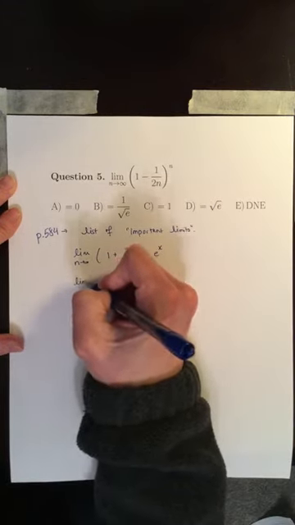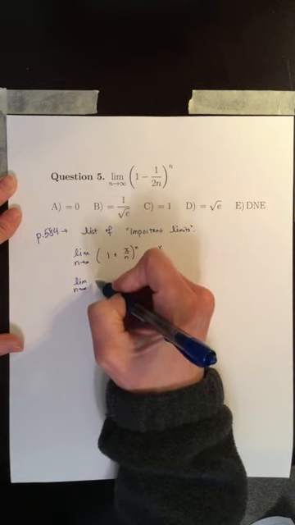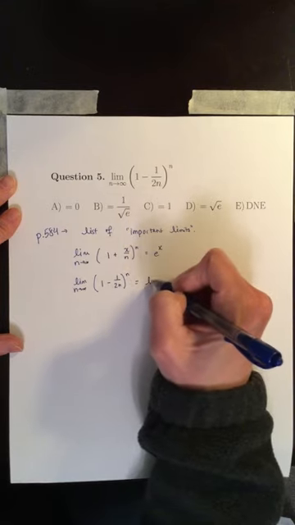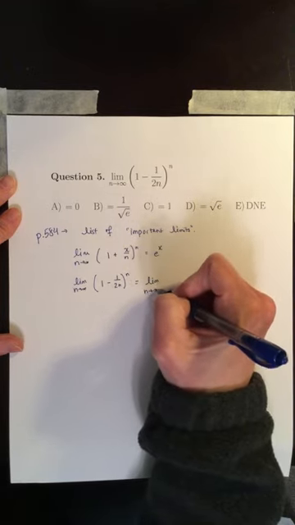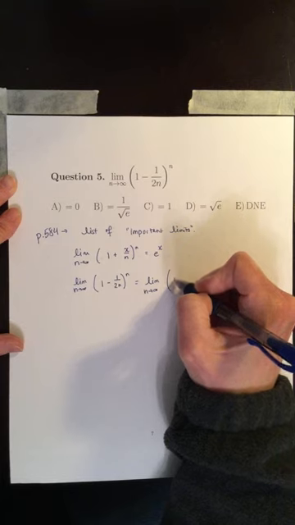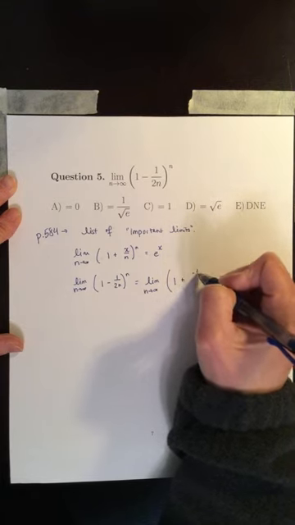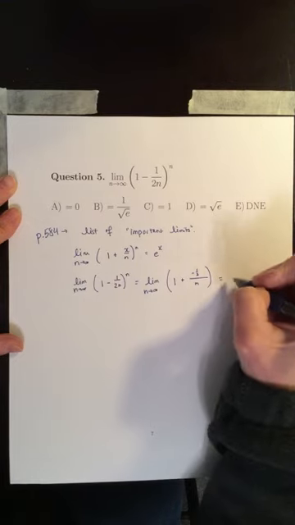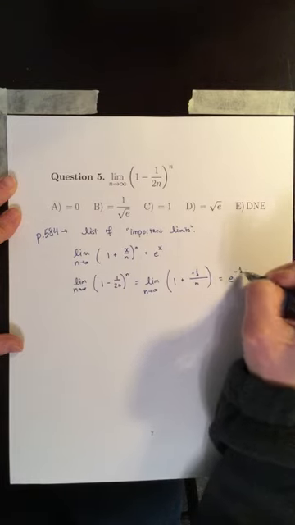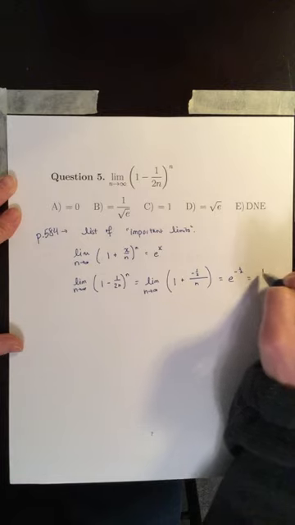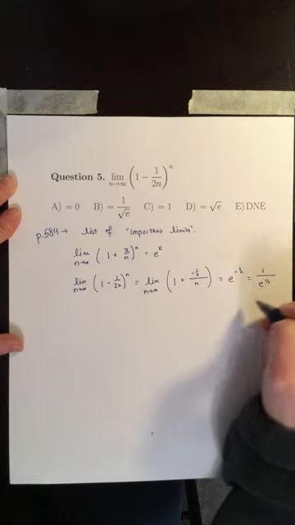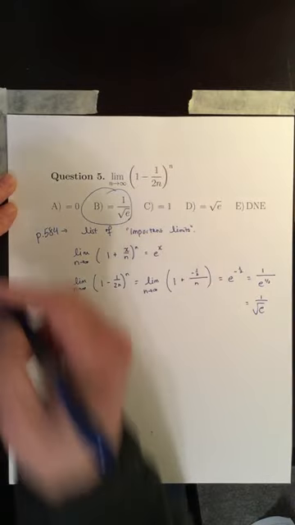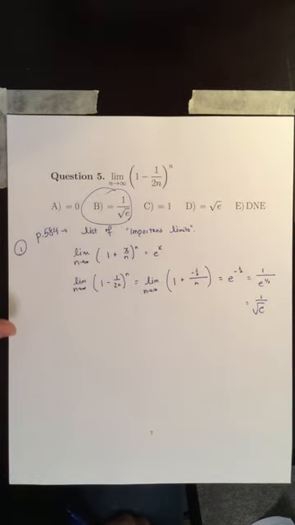And so if we take the limit that we have, the limit as n goes to infinity of (1 minus 1 over 2n) raised to the nth power, I can rewrite this limit. The limit as n goes to infinity of (1 plus a negative 1/2 over n) to the nth. And we now have it in that same form, and so this is going to be e to the negative 1/2, or 1 over e to the 1/2 power, or 1 over the square root of e, which is choice B. So that's one way to solve this problem.